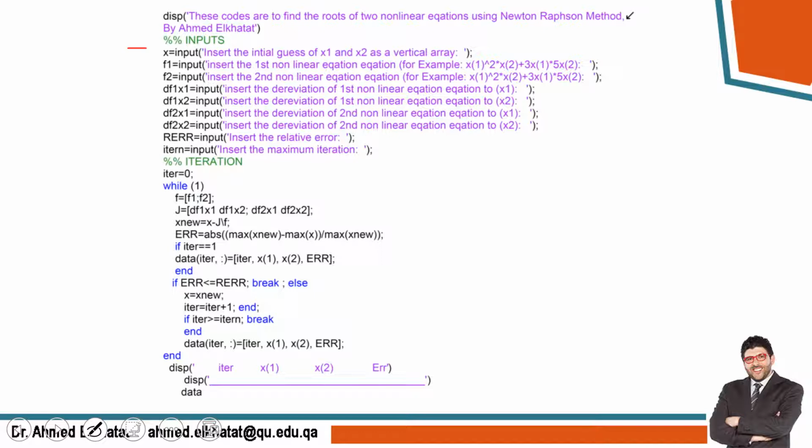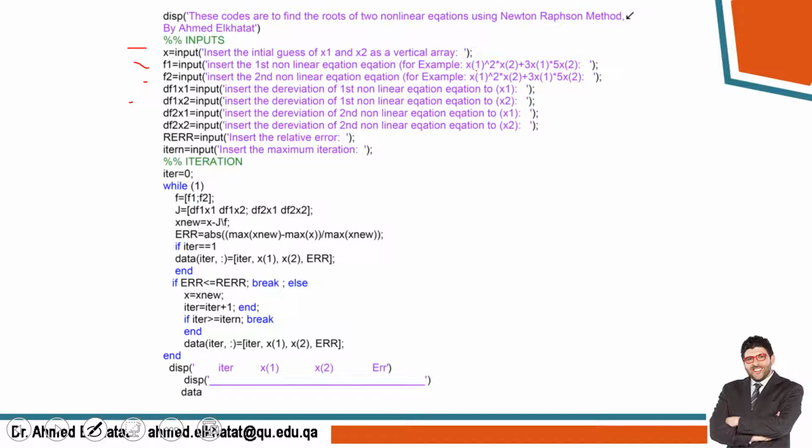If you don't want to enter them as a vertical array, the user can enter any array, but you can add one more step to reshape the array as we did before, so it is always vertical. Then f1, the first nonlinear equation, for example x1, so we put it like this. f2, insert the second nonlinear equation, for example x1 multiplied by x2. So we put the second equation.